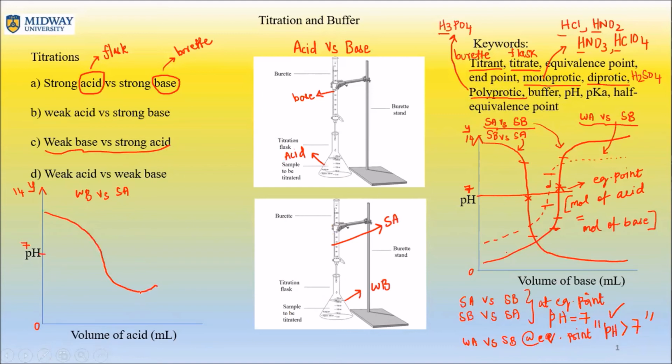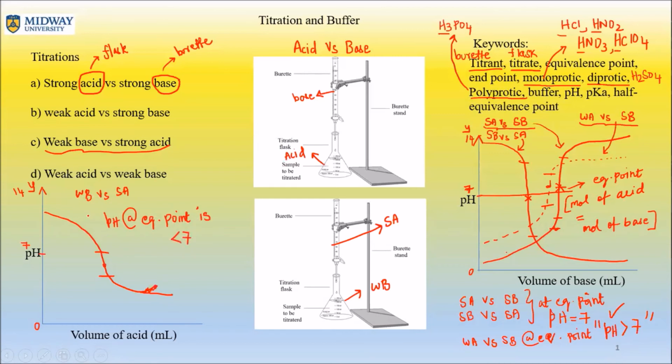Sorry, it should be more flat. It doesn't matter. If you take the flattest portion as much as possible and take the middle portion of it, that's right there, which is less than 7. So if one of the components is weak base, another is strong acid, pH at equivalence point is less than 7. That's very, very important.